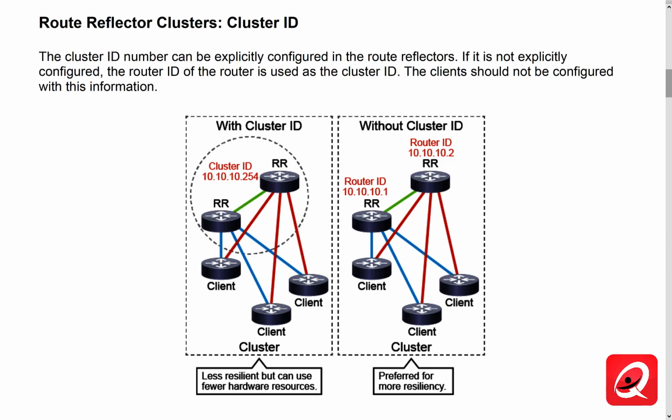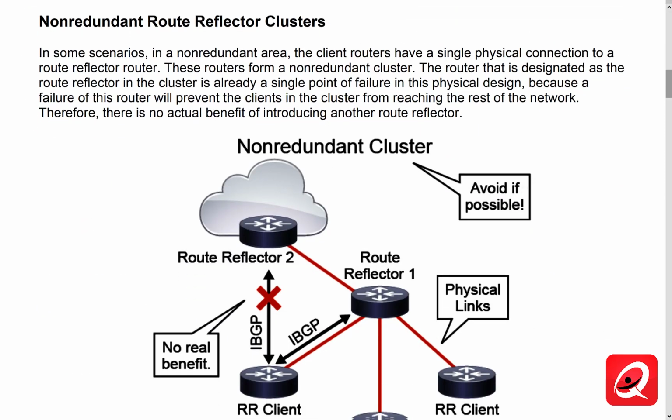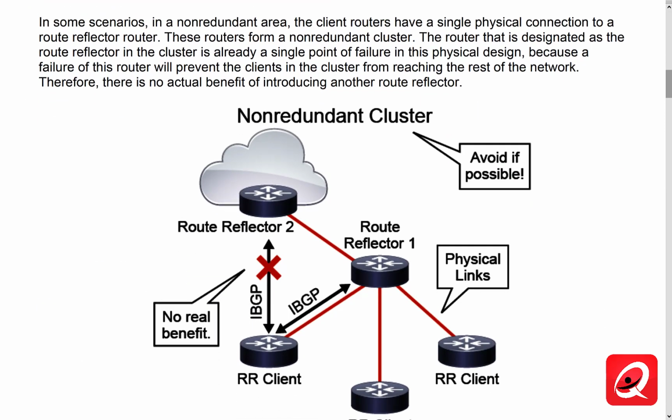All right. We can also implement non-redundant route reflector clusters. In a non-redundant configuration, basically, the client routers have a single physical connection to the route reflector router, and this creates what we call a non-redundant cluster. This is a single point of failure. Obviously, we talked about that because if that route reflector fails, there is no configuration of a secondary route reflector, and there's no iBGP session with a secondary route reflector from the client's perspective.